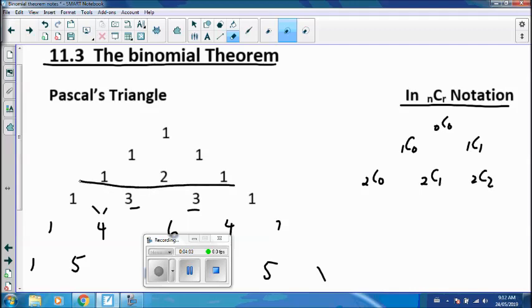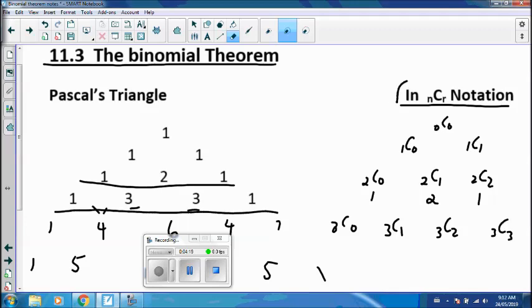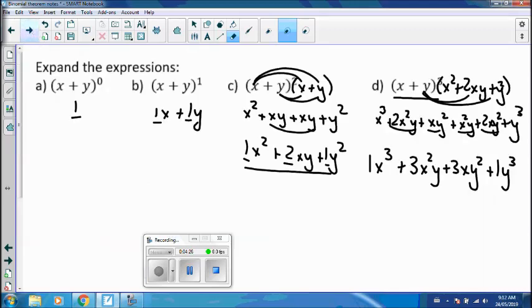That's these numbers here, 1, 2, 1. So 3 choose 0, 3 choose 1, which is 3. 3 choose 2, which is also 3. And 3 choose 3, which is 1. And that would be this circle. So we can use combination notation to get those layers of Pascal's triangle, which are the coefficients in the expansion.